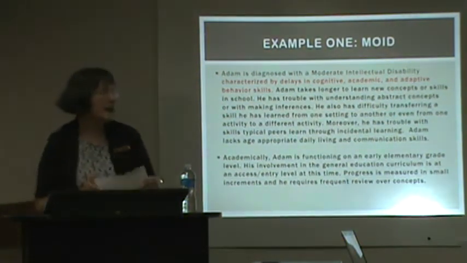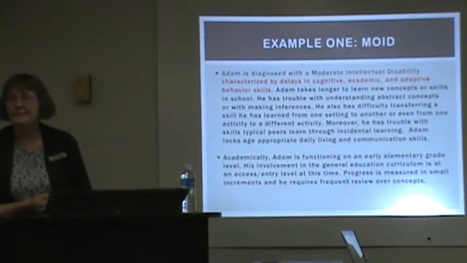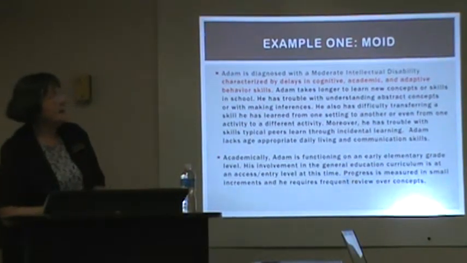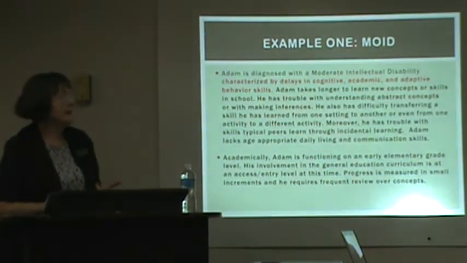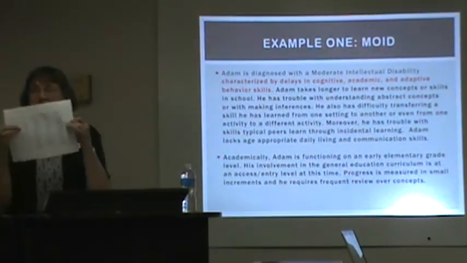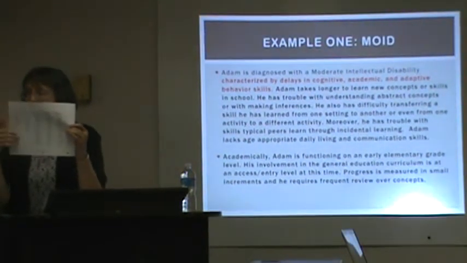Okay, so let's look at our example for our intellectual disability students' impact. Okay, I've got Adam is diagnosed with a moderate intellectual disability characterized by delays in cognitive, academic, and adaptive behavior skills. You see where I got that off my little cheat sheet, characteristics column.